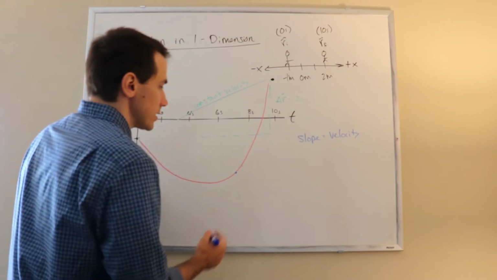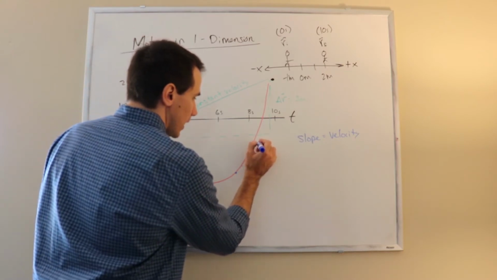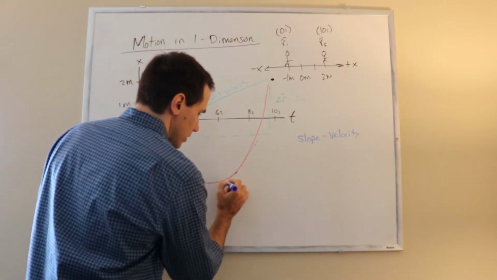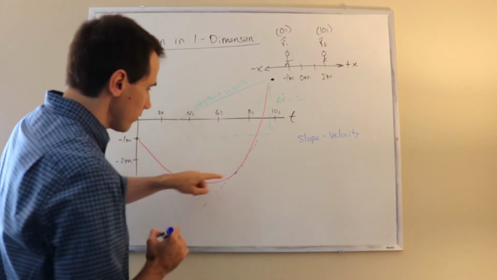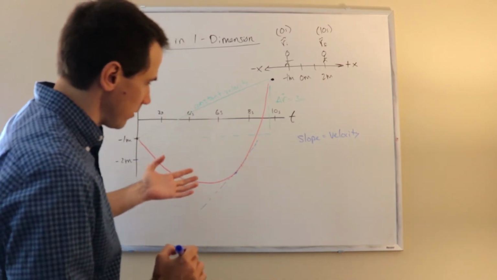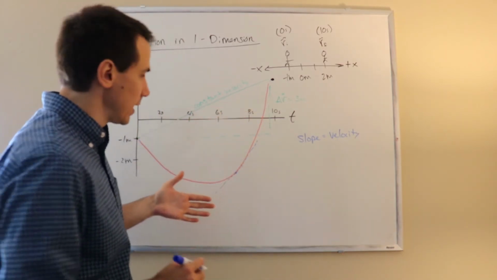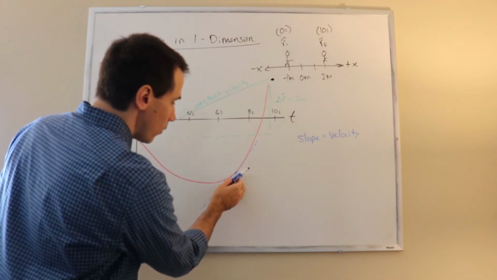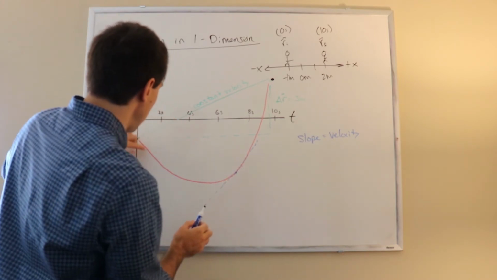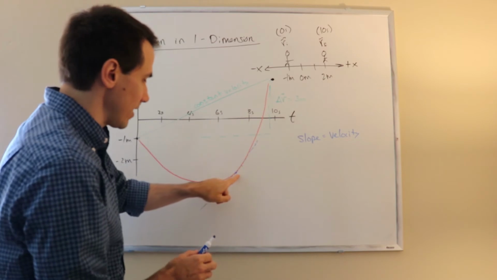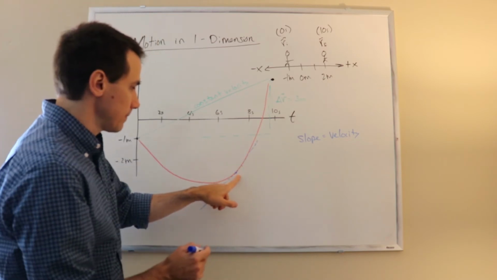Graphically, how I do this is I just try to draw a line which touches my curve at only that point. I didn't do a great job of it, but we're close, right? I want to draw a line that only touches my position versus time graph at that exact point.